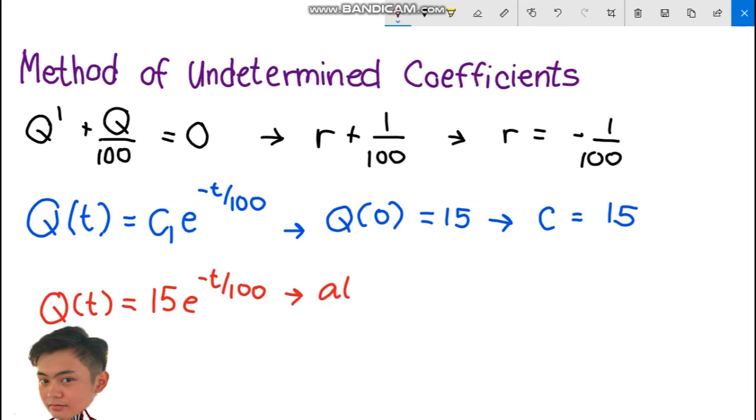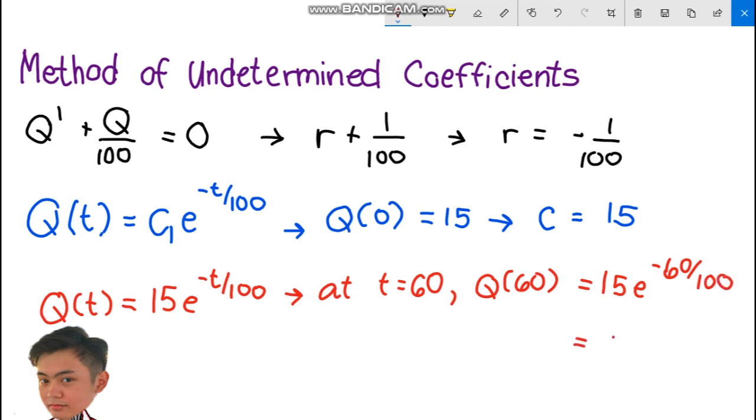That is our particular solution. Then in the problem, at t equals 60 minutes, Q(60) is equal to 15 e raised to negative 60 over 100, and we'll get 8.23 kilograms. And that is our final answer.